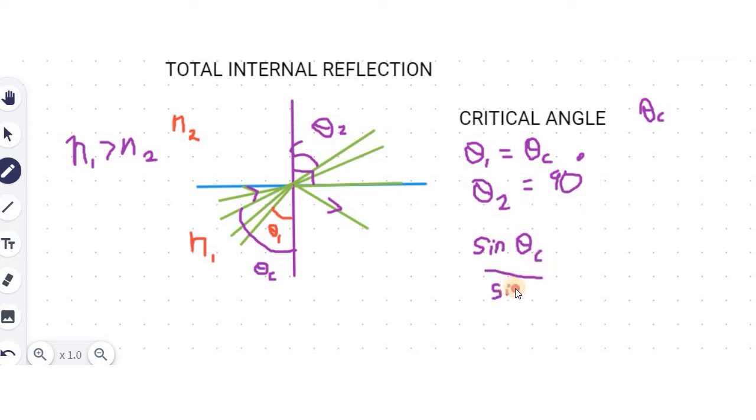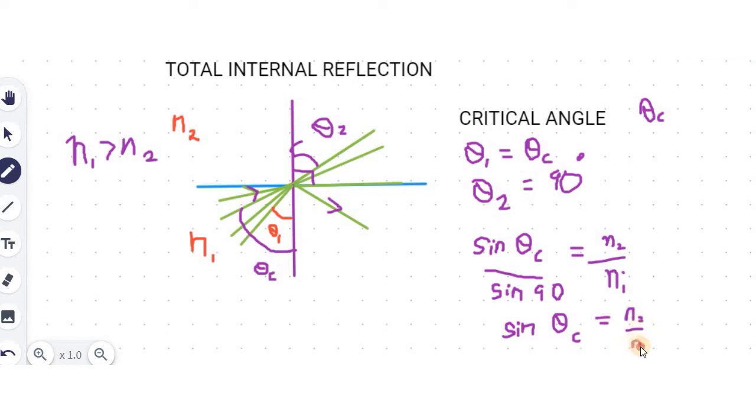At critical angle, Snell's law becomes sin theta c over sin 90 equals n2 by n1. Sin 90 is 1, so sin theta c is equal to n2 by n1.